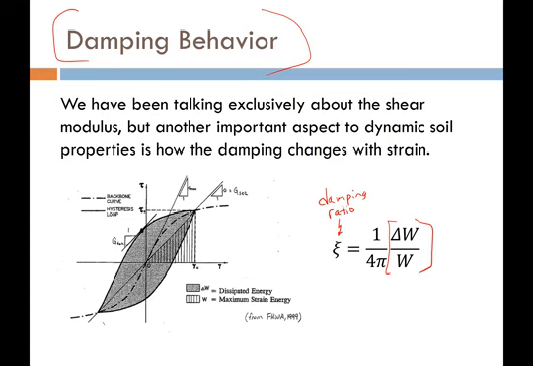So the ratio of those two areas multiplied by 1 over 4 pi is what gives us the damping ratio.